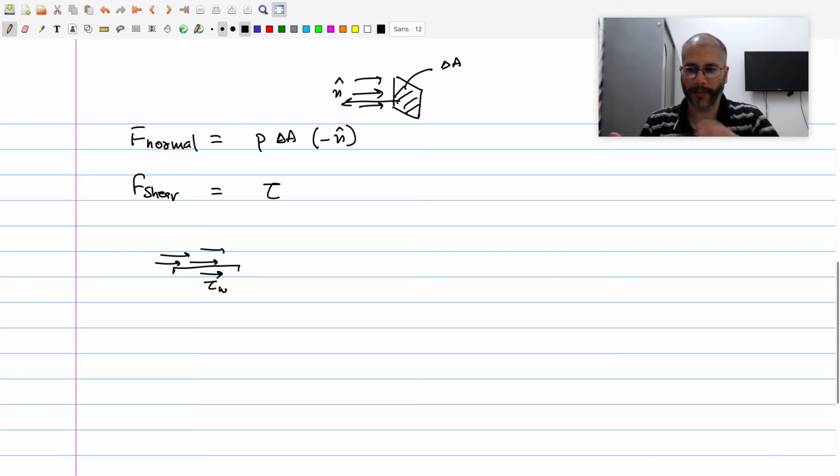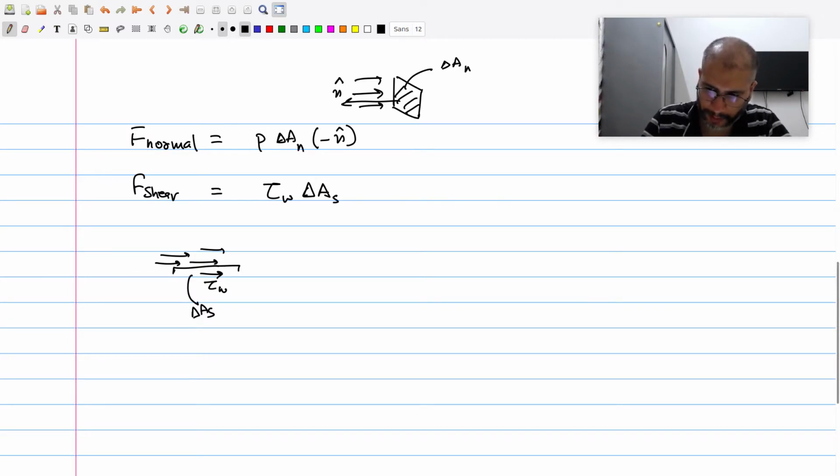So it's the flow shearing on the surface, and that is creating a shear stress on the surface. This is given by the wall shear stress tau wall times the area on which it is acting. Let's call this delta A shear. We'll call the other delta A normal. There are two different areas and two different figures, so we'll call them that.